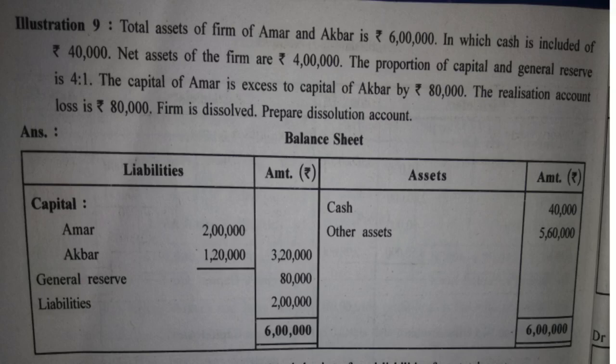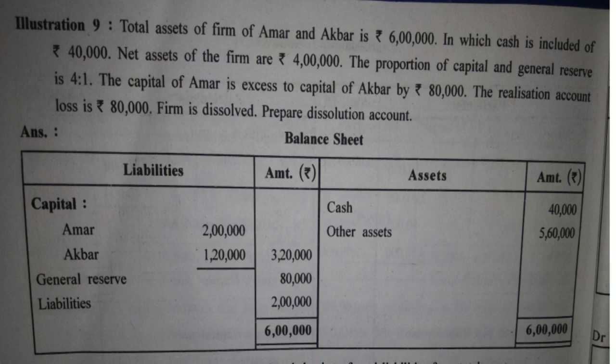Okay, so you are provided with illustration 9 on your screen. It says total assets of the firm of Amar and Akbar is 6 lakh, in which cash is included of rupees 40,000. Total assets are 6 lakh and cash in it is rupees 40,000. Net assets of the firm are rupees 4 lakh.